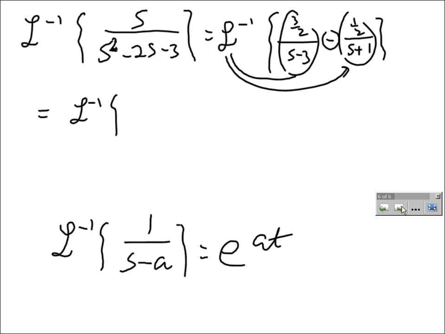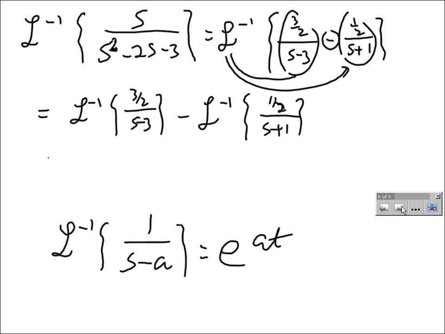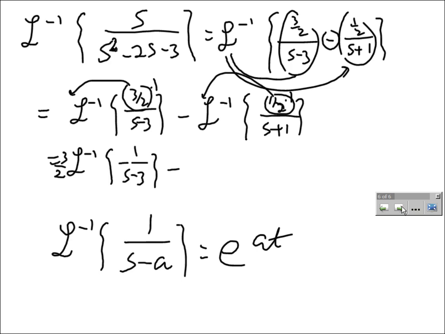So it's the inverse of 3/2 over S minus 3 minus the Laplace inverse of a half over S plus 1. So you can bring out these constants. Remember, this is 3/2 times 1. This is a half times 1. So I can bring the constant out, but the 1 stays. And we have the Laplace inverse of that function minus, bringing in front the constant, the inverse Laplace of 1 over S plus 1.